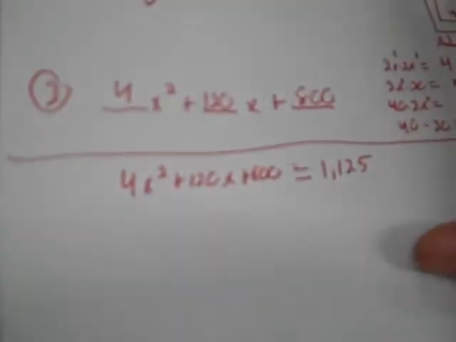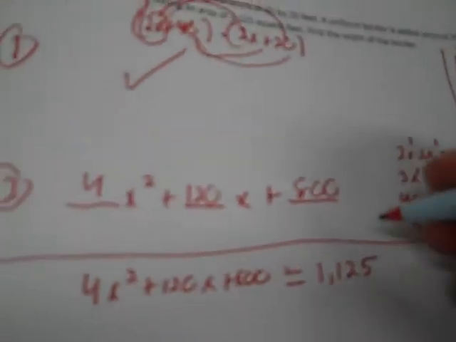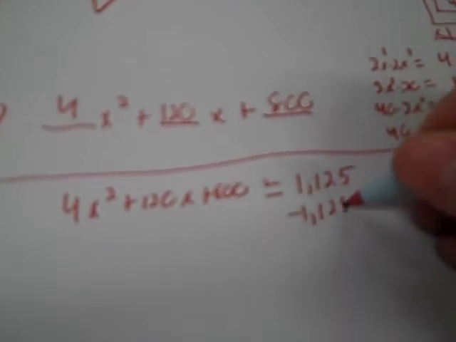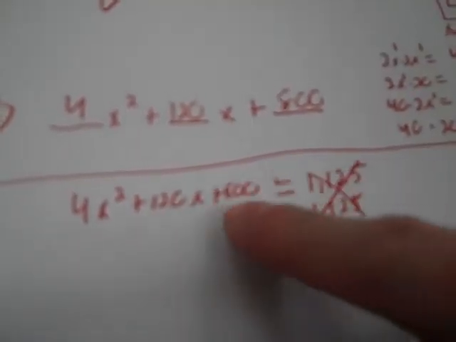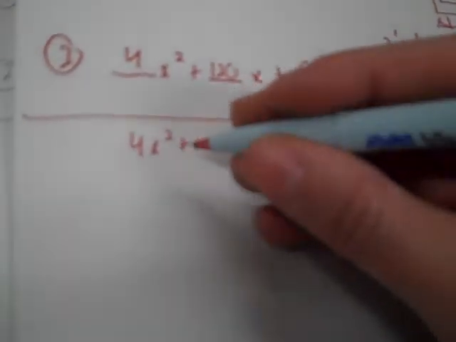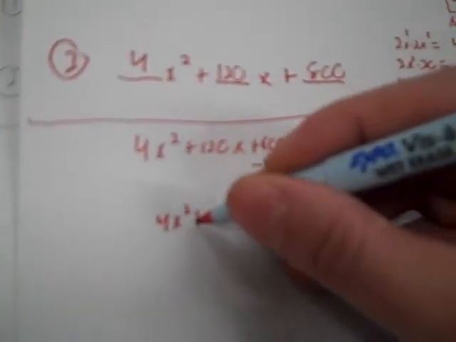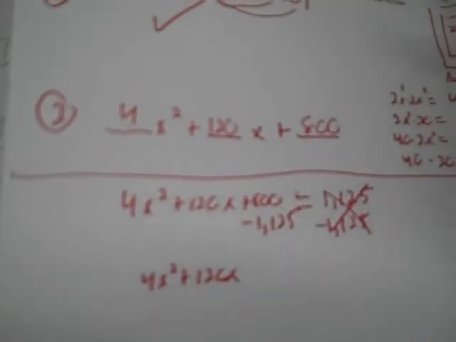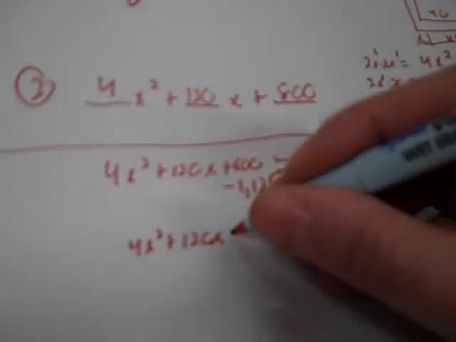Okay. So if we're doing that, we have to have this equal to 0. So I have minus 1,125. That can go with 800. So I have 4x to the second plus 120x. 800 minus 1,125 is negative 325.